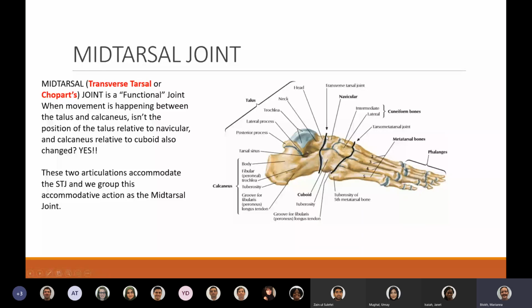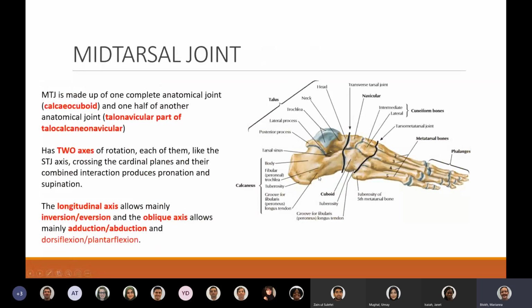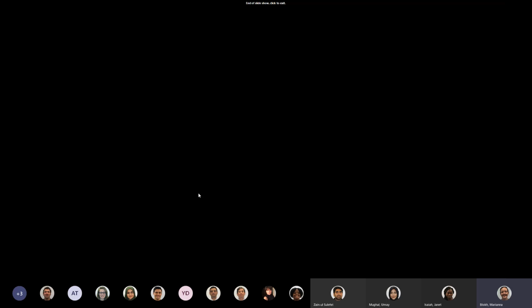The functional mid-tarsal joint is basically the transverse tarsal joint line here involving these joints. And when we talk about tarsometatarsal joint, it's also called the functional Lisfranc joint. By the way, don't mix up Lisfranc joint with Lisfranc ligament. That is going to be across the tarsal metatarsal. You could read about it, the axes and what it allows, what it limits, and things like that. These are just direct test questions.